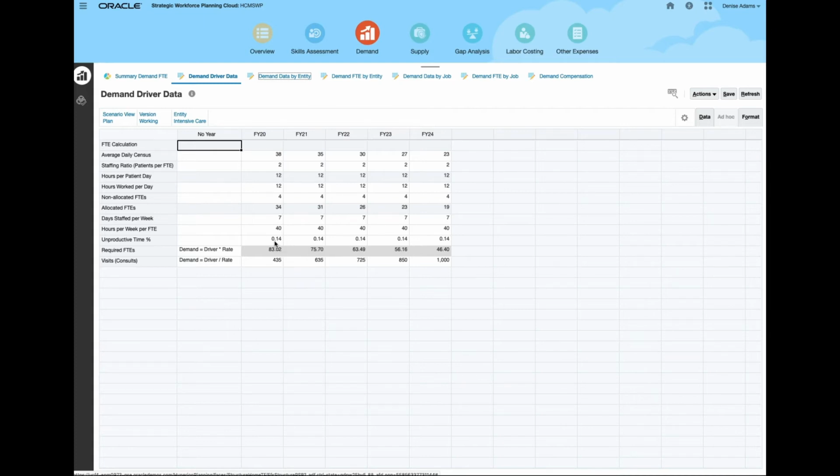That might lower this unproductive, non-patient facing time from 0.14 maybe down to 0.9, and that would in turn lower the demand required because I would have slightly more time per person to get that done. So some simple automation around the kind of administrative functions that staff might do.